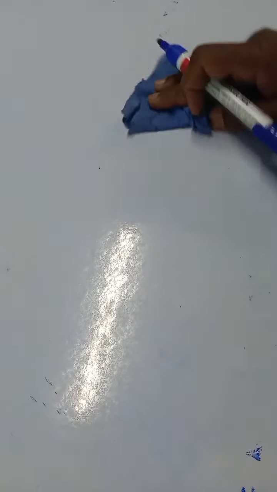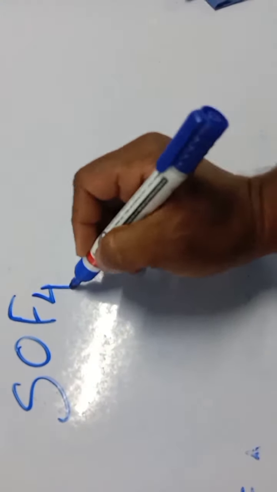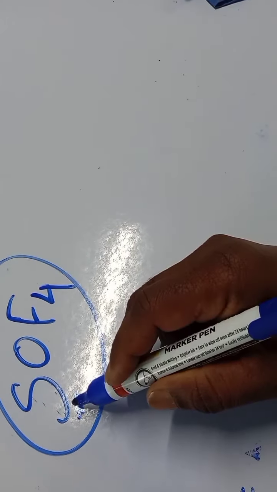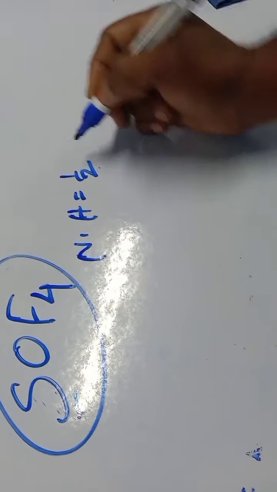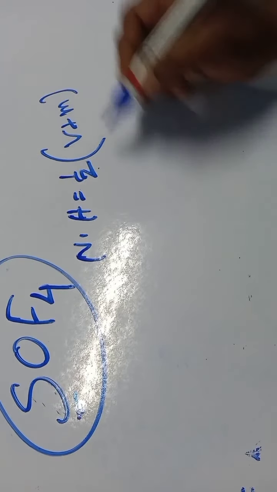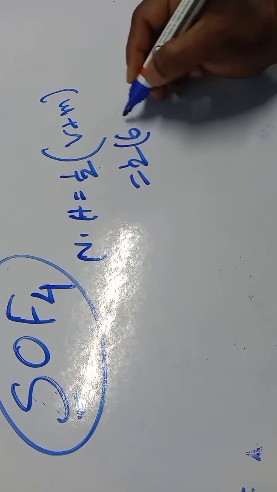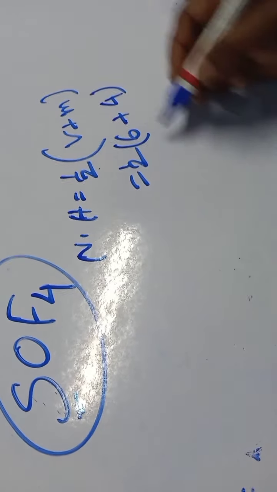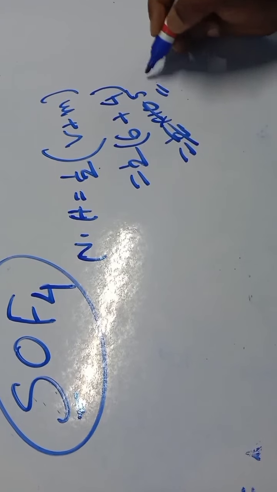Next part, SOF4. The central atom is S, the more positive part. NH equal to half V plus M, half of the group 16 element, valence electron 6, and the number of monovalent atoms 4, that is half into 10, equal to 5.